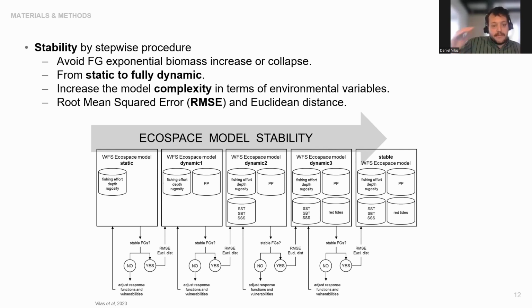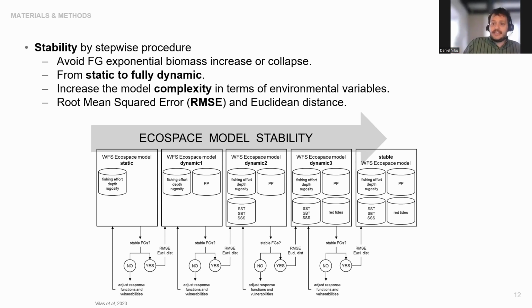And then in each step, we build that complexity. First, including the primary production, then including the temperature and salinity, then including the red tides to achieve a stable model. And when I talk about stable, I mean that we try to avoid exponential increase in terms of biomass for functional groups or collapse of some species.